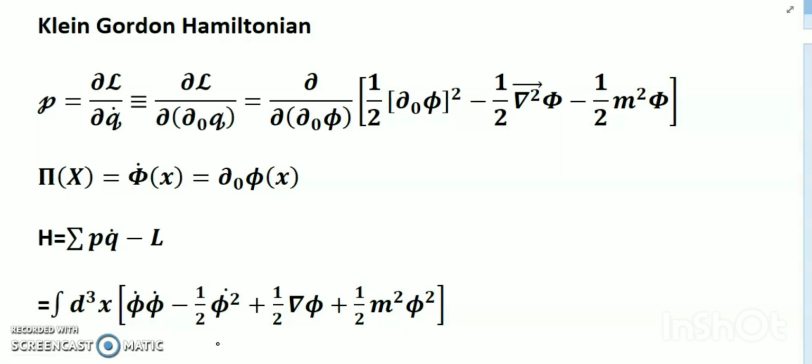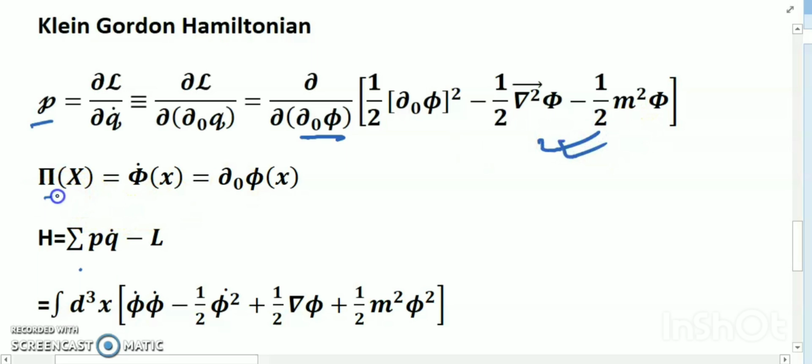So P is the momentum, as in classical mechanics. P is the momentum, del L by del Q dot, which equals del L divided by del 0 phi, where del phi means the gradient of phi, and gradient phi whole square, just putting in the value of the Lagrangian.